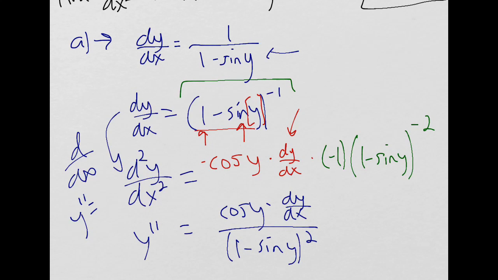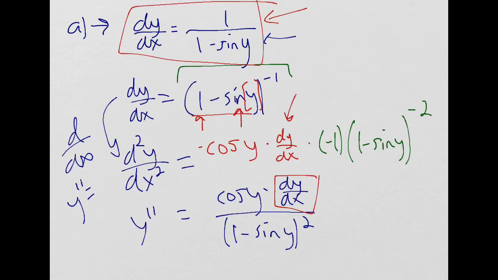The bright side is that I have an equation for dy/dx from part A, or from my starting point of this problem, in terms of y. So that means I can replace this box with this box here. So that's what I'm going to do. So I get equals cosine of y times fraction bar.